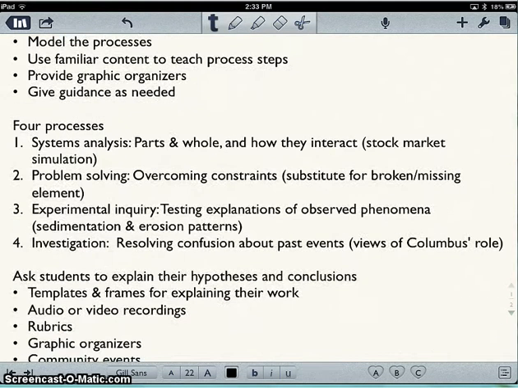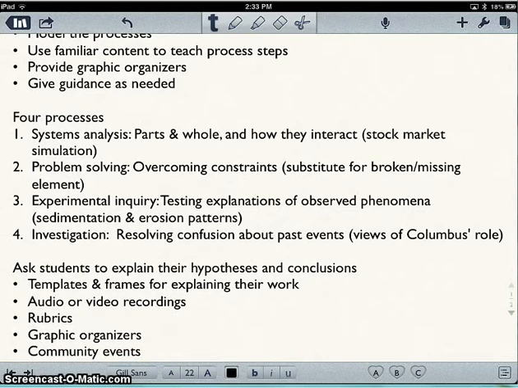We won't go into this in great detail, but the processes that you might follow include doing a system analysis, so looking at the relationship between parts and whole, and the interactions of those two elements in a system.